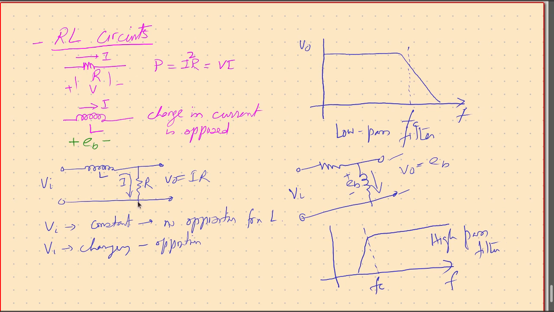A low pass filter is possible, a high pass filter is possible in both cases. The only thing is the positions are different. When it is used with the inductor instead of the capacitor, the position of R is the other as compared to the inductor. Done. Okay, that's it for now.